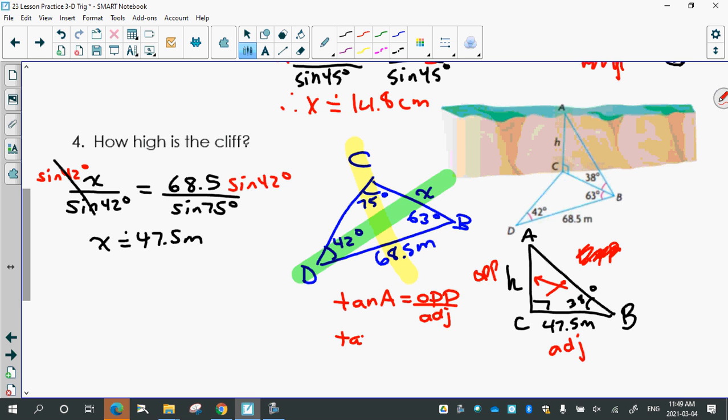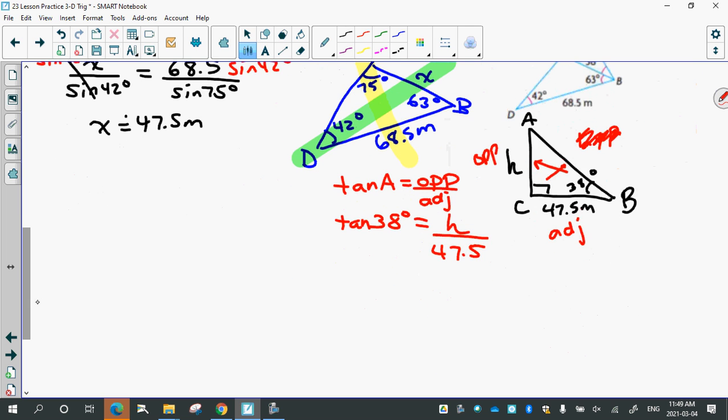So the tan of 38 degrees is h over 47.5. So h is approximately 37.1.